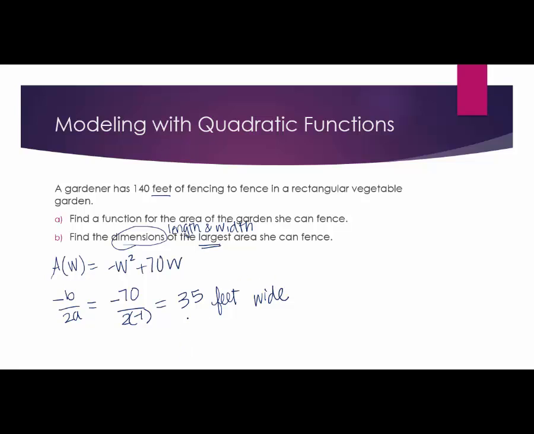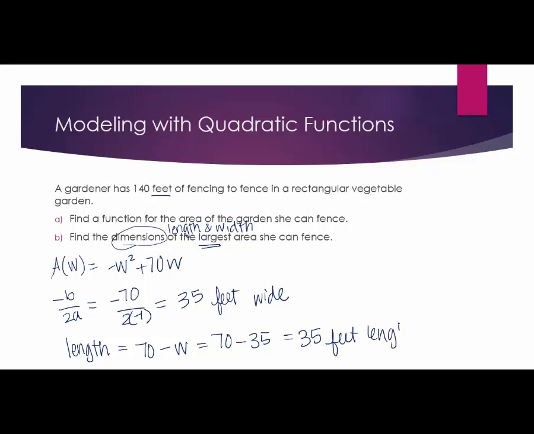If I plug 35 back in and find the y value of my vertex, that's going to give me the actual area. Although I'm not sure that's even what's asked for. We don't even need the area. We just want to know what the dimensions are. The other quantity I really want to find is length. But remember that length was 70 minus W. So if I know that the width is 35, I think we can just use this to find the length.